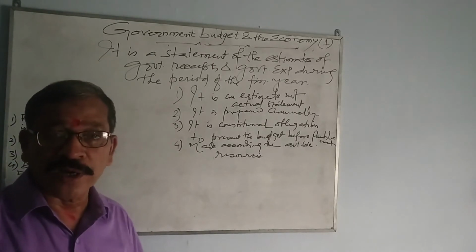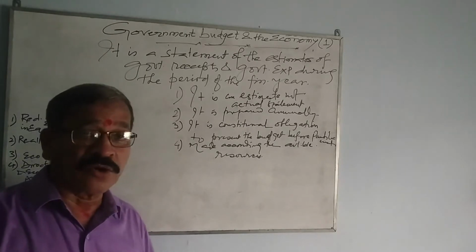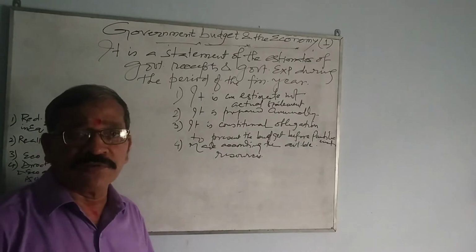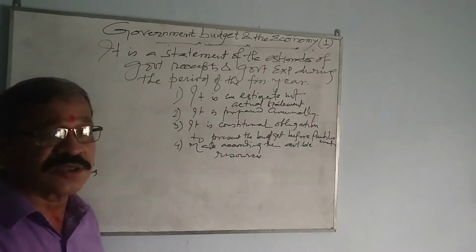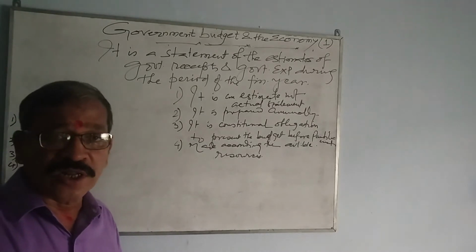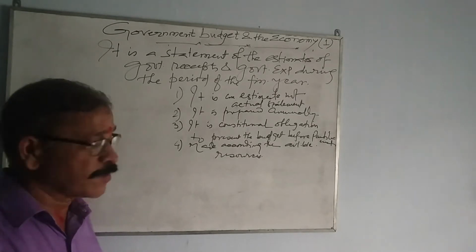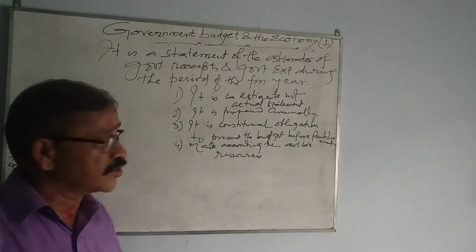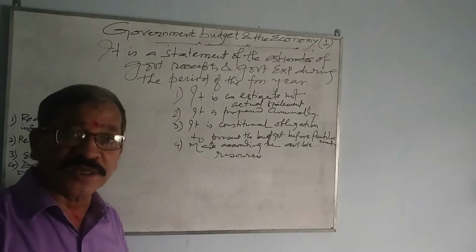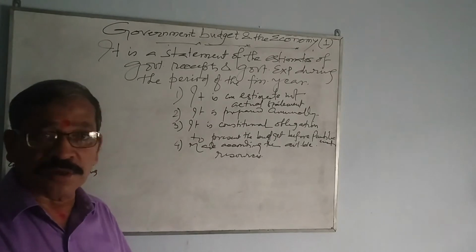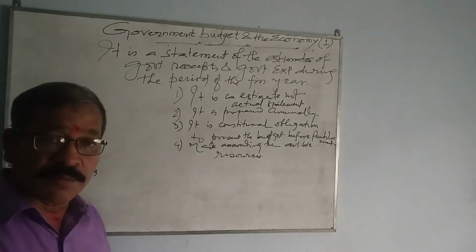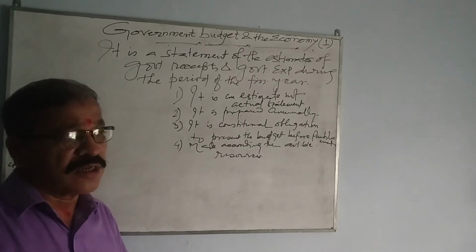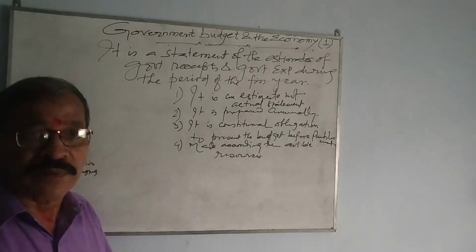That's a different issue, but budget is made according to the available resources. So there are basically 4 or 5 features. Basic feature is it is an estimate. We should not take it as a real statement. It is prepared annually. It is a constitutional obligation to present the budget in both houses of parliament, and budget is to be made according to the available resources. So basically these are the features of budget.